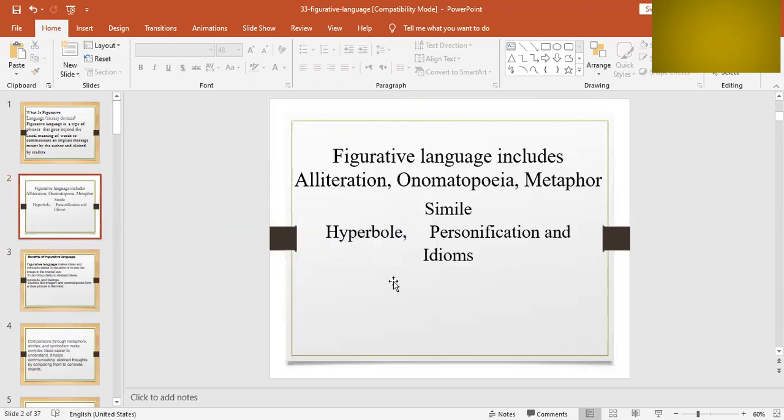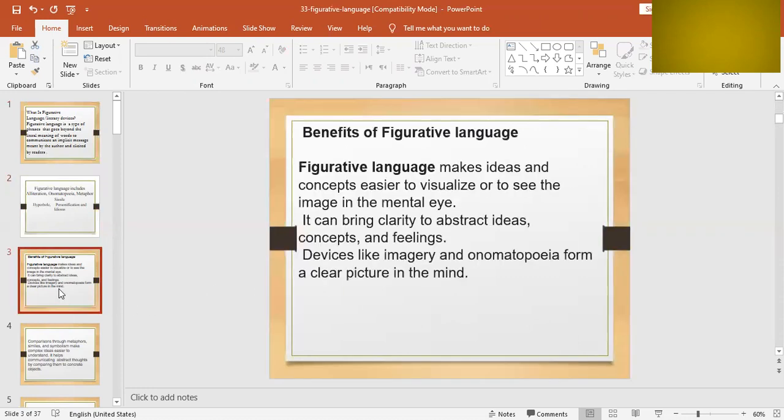Now we want to see what these are, but first of all, we want to know why authors or writers use figurative language.